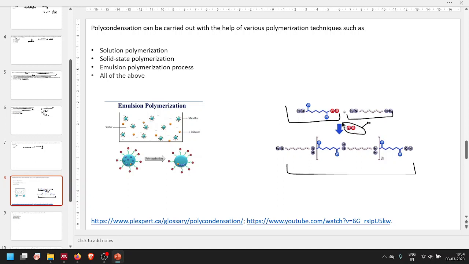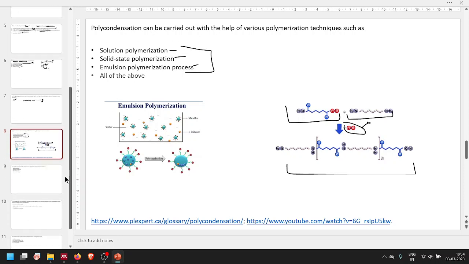Now, this condensation reaction can be carried out in all of these polymerization processes, as you have studied in your previous lectures, that solution, solid state, and emulsion polymerization are capable of performing the polycondensation process.